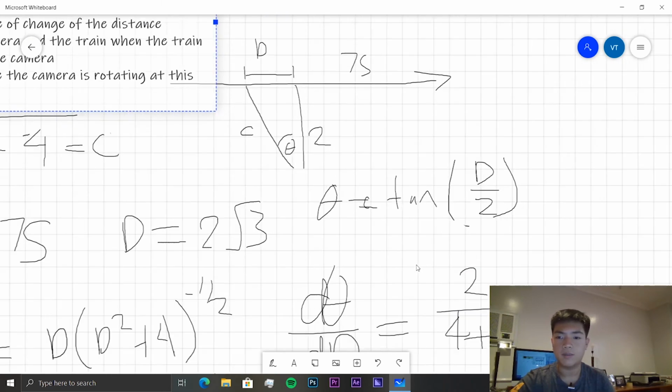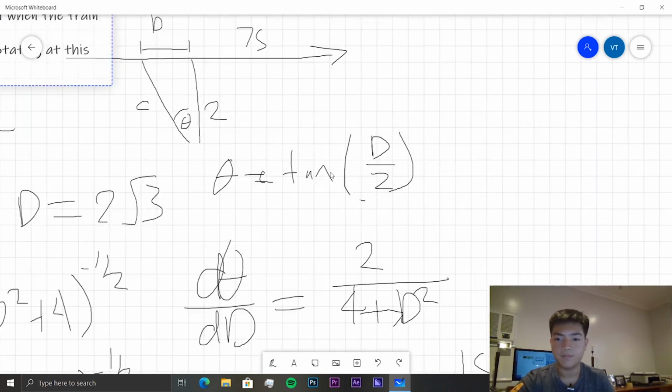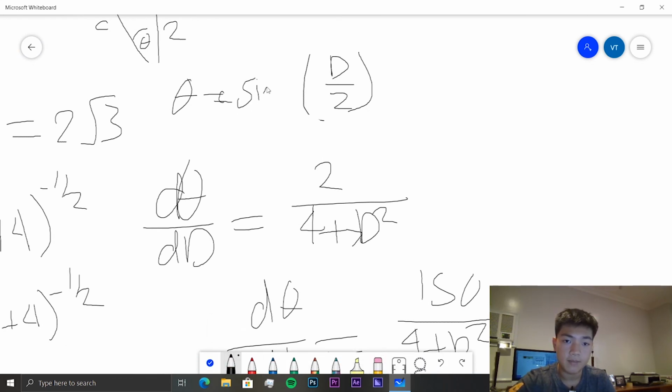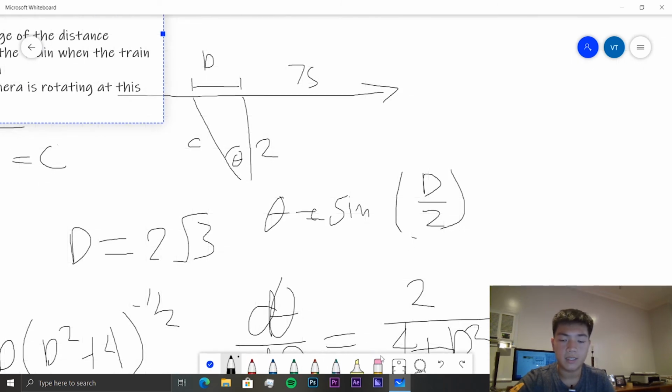If it's 4 kilometers, actually, let's just use sine. Maybe let's try sine. Maybe that will work. So we have theta is equal to sine. Actually, cosine of c over 2.